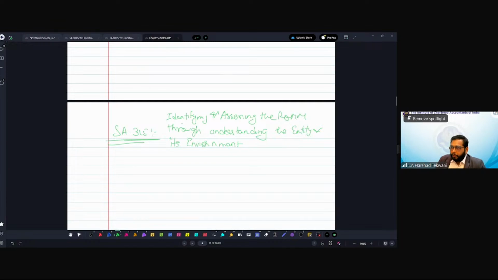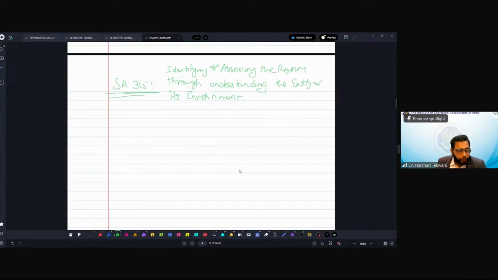The first step is to obtain information about the entity, then only will you be able to understand the entity and its environment. I'll write the steps involved in risk assessment.